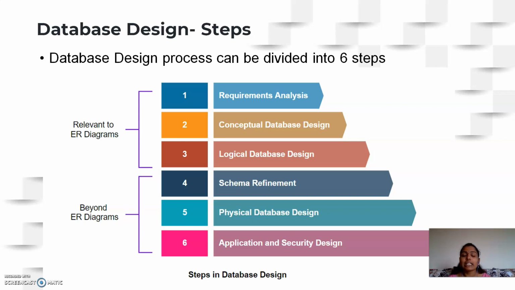Why are these three steps relevant to the ER model? The first step is providing input to the ER model. The ER model is developed in the second step. The third step takes the ER model as input, which is fed to the RDBMS to develop the tables and databases. So now your tables and database are designed in the third phase.